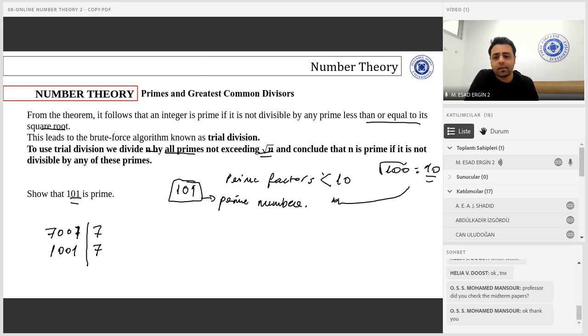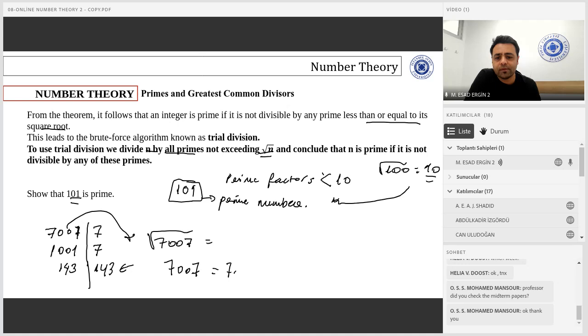And it will be 143. The factors, as you see, cannot be greater than the square root of 7007. So the prime factorization of 7007 is 7 and 7 and 143.